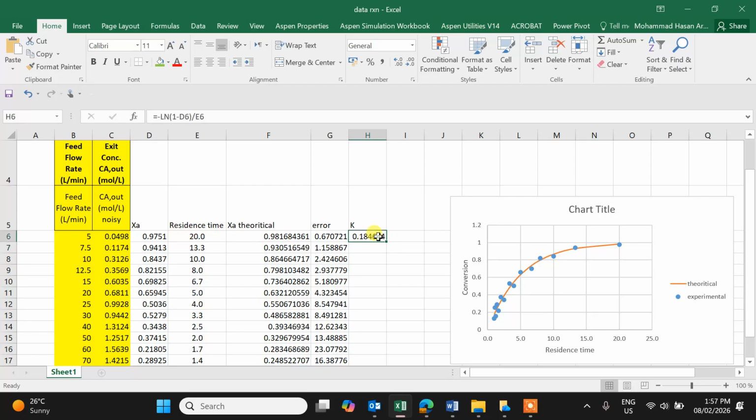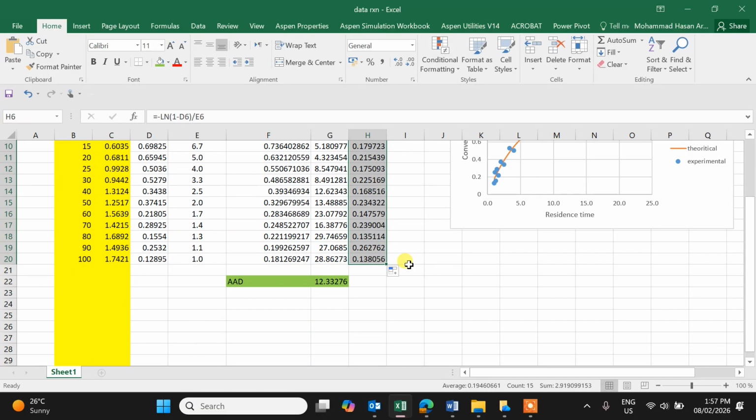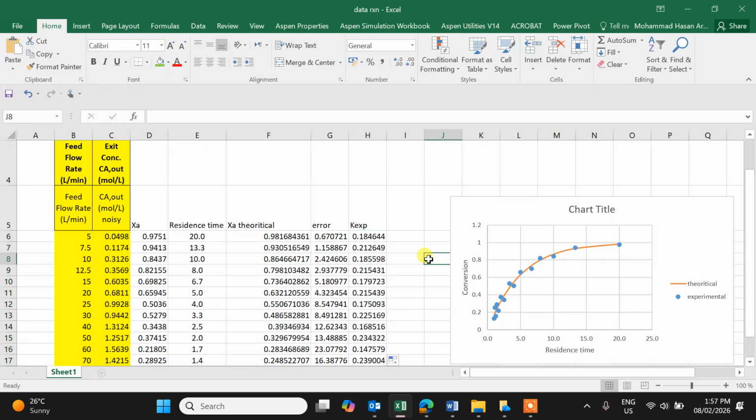So this is the rate constant K, experimental; theoretical is 0.2. So now we see it is moving around, increasing and decreasing around 0.2. We change the feed flow rate.